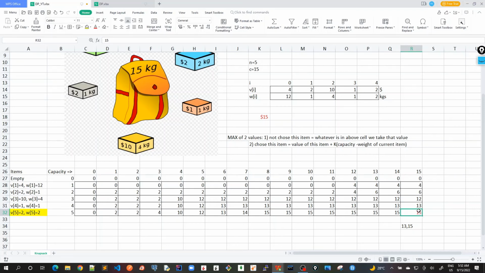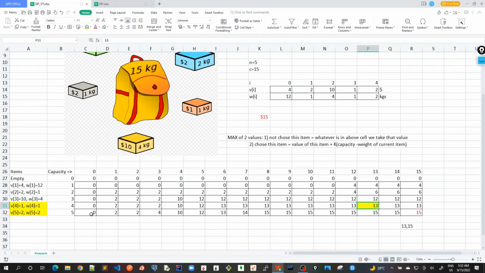Now 15, let's go back to 15 minus the weight of this, which is 2. So this is the other cell, because this number came from this cell. So 13 is not same as 12. It means that this item was also included. So I will mark it as yellow as well, just to track it.